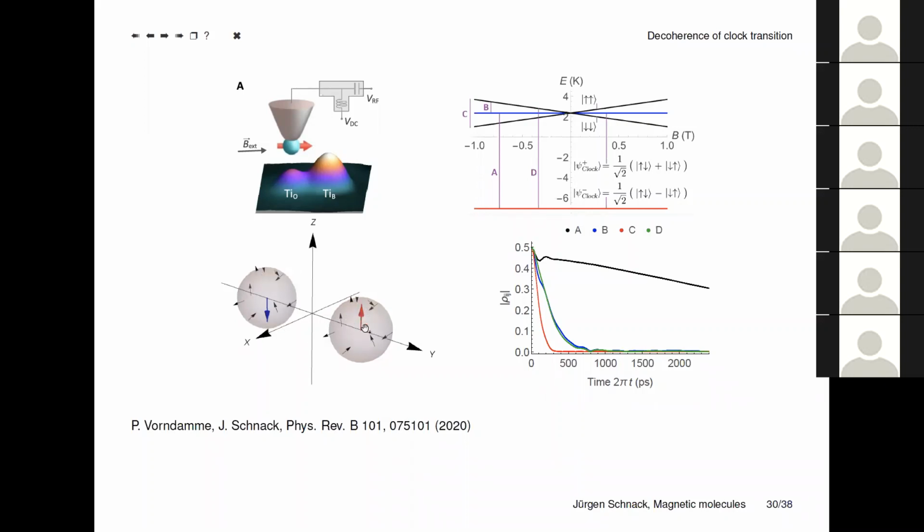And this is developed in time according to the time-dependent Schrödinger equation. And then we can measure the reduced density matrix of the dimer system. This is what you would measure if you would measure the dimer. And then you see that scenario A, namely the clock transition, decoheres much more slowly compared to the other superpositions you can build. Okay.